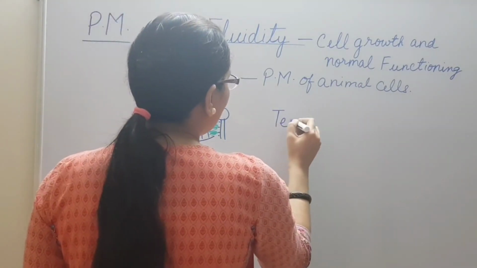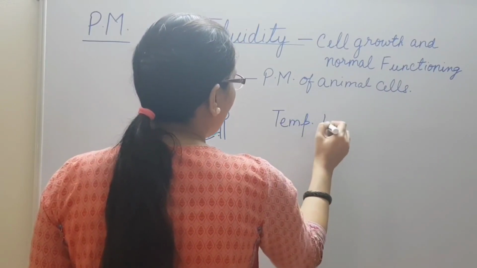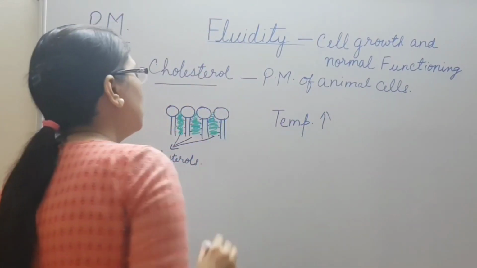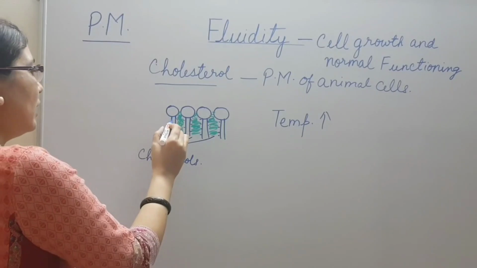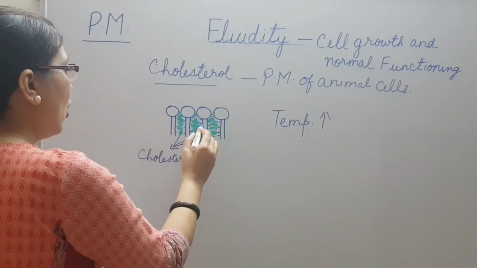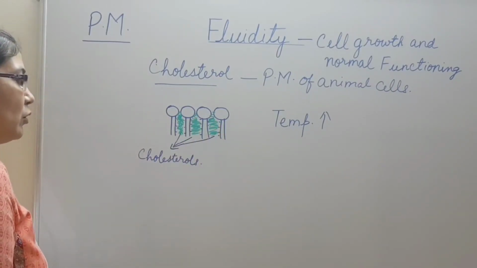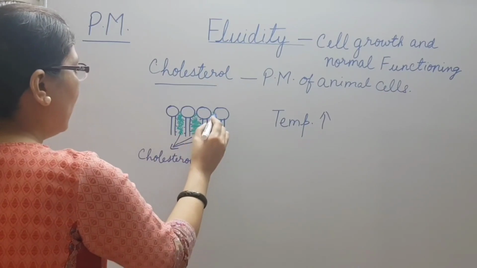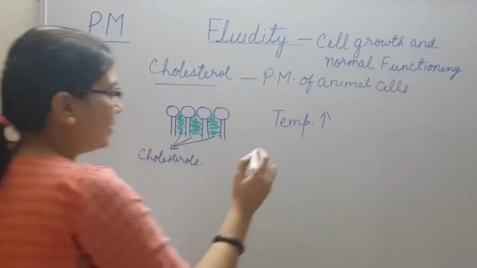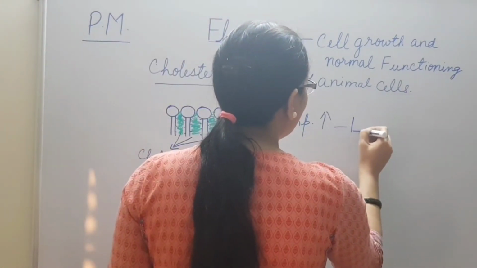When the temperature increases, we know that the membrane becomes more fluid because there is more movement of the phospholipid molecules. Presence of the cholesterol interferes with this movement and hence it decreases its fluidity.